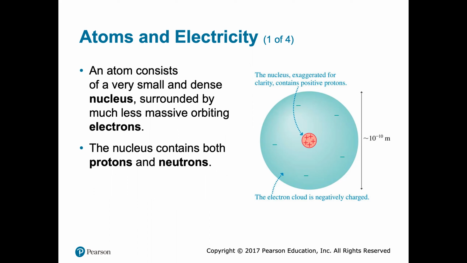As its name shows, it's neutral. That's why it's called neutrons. And protons are positively charged. The reason why the nucleus is positively charged is because of the protons. The proton is positively charged. That's why.